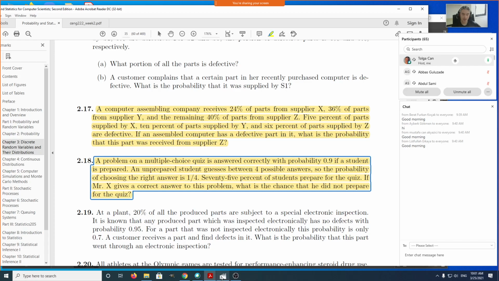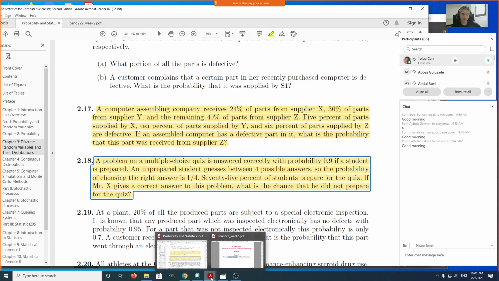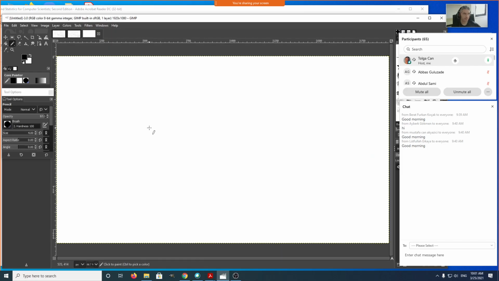All right, so in machine learning, one of the problems is classifying objects. For example, you may have an image and there may be something in this image, an object classification.